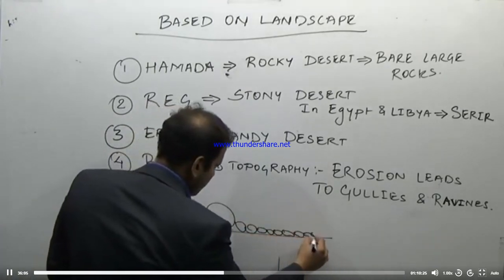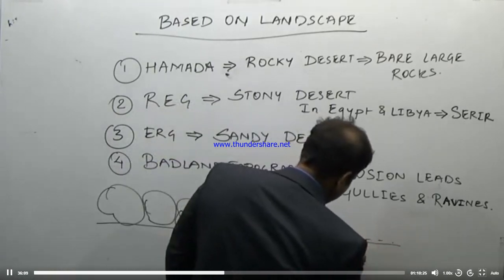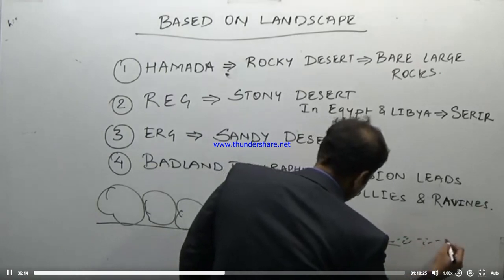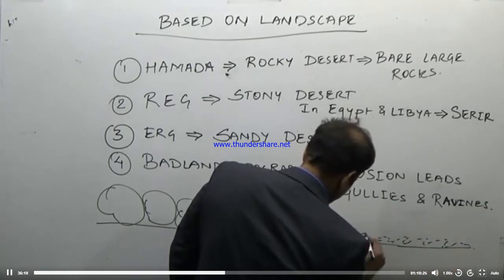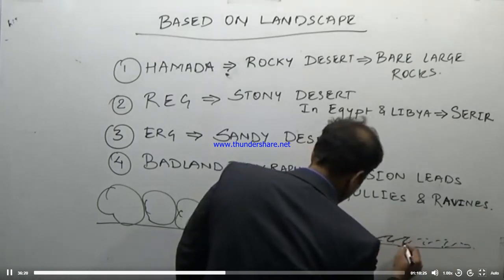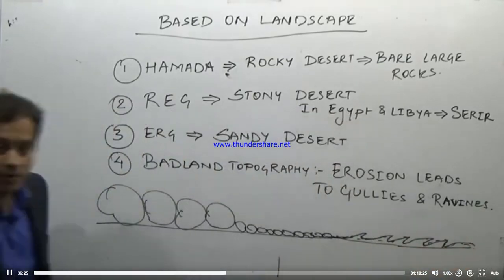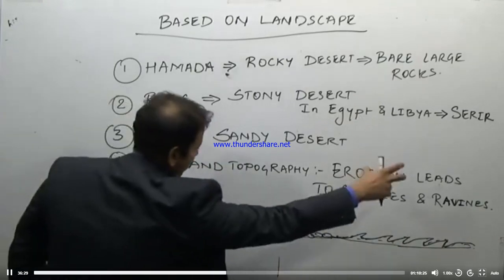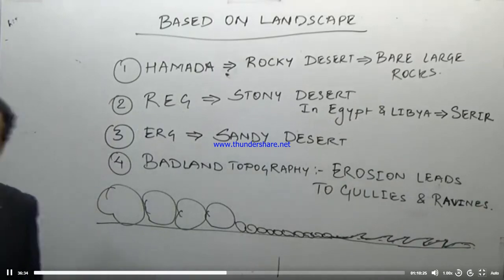It will be mostly pebbles, and then later on mostly sand, in the form of sand dunes. So Hamada, Reg and Erg desert. These are the Hamada, Reg and the Erg desert.